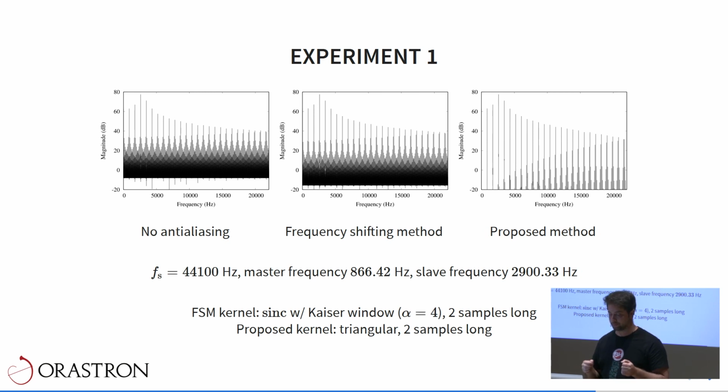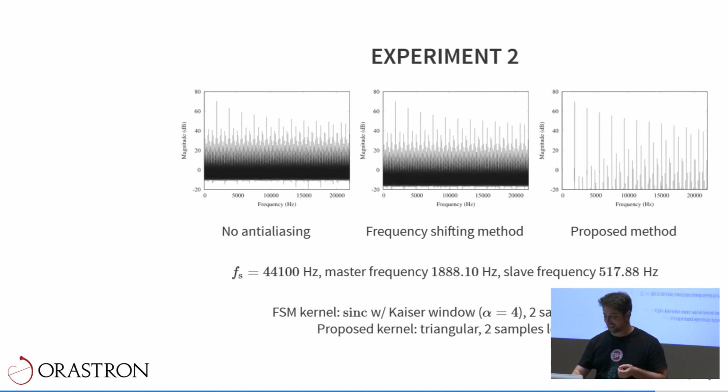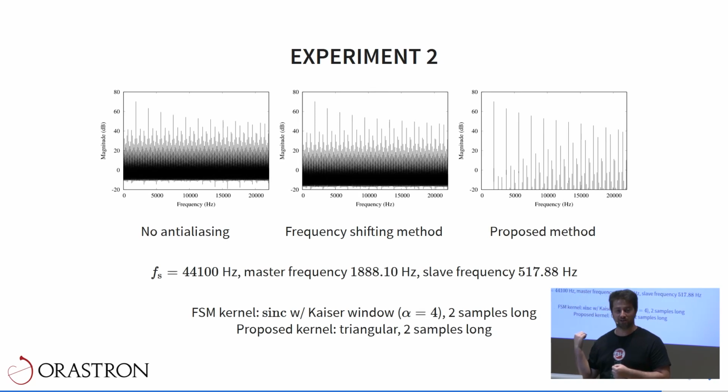The previous method uses the Kaiser window, while for our method, we chose to use the triangular window because it's one of the simplest that you can use. As you can see, there is an improvement. Also in the other case, we get similar results. So the improvement is pretty dramatic.